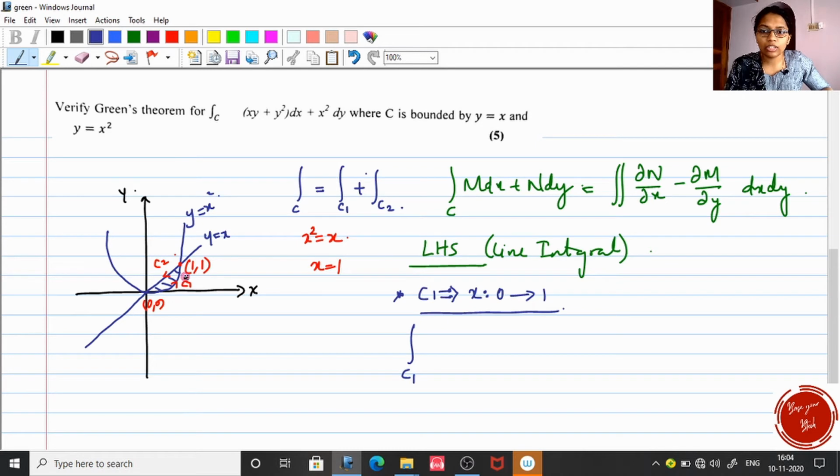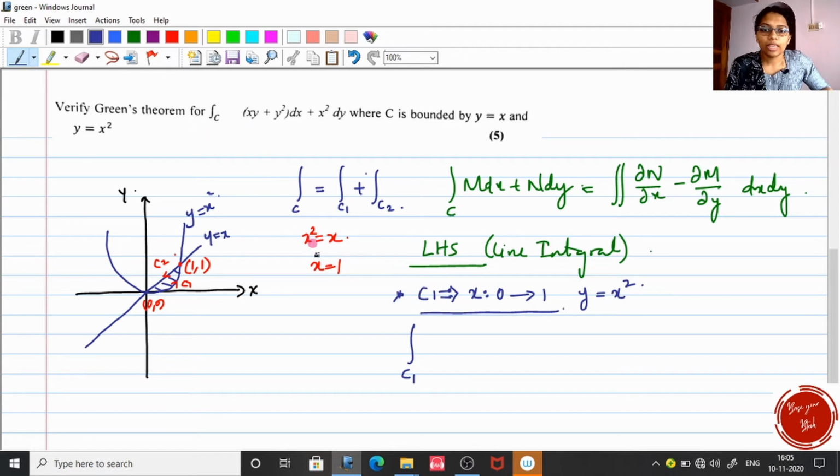C1 is the parabola curve, so y is equal to x square. So we have to substitute the y variable as x square.